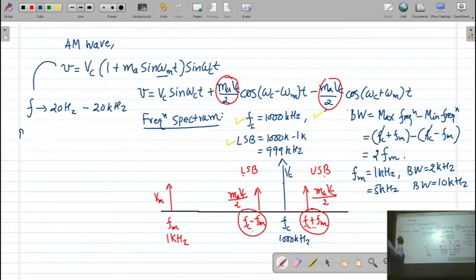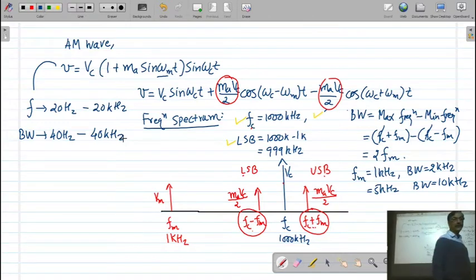It means if I calculate the bandwidth, it will be from 40 Hz to 40 kilohertz. So here remember that 40 kilohertz is a large bandwidth. Large bandwidth means it is occupying more space in a frequency spectrum. So if it occupies more space, then a smaller number of waves will be transmitted. And therefore, here we have to reduce the bandwidth.